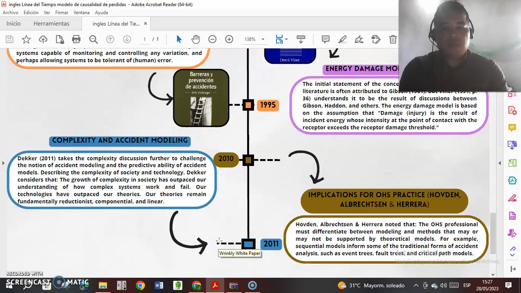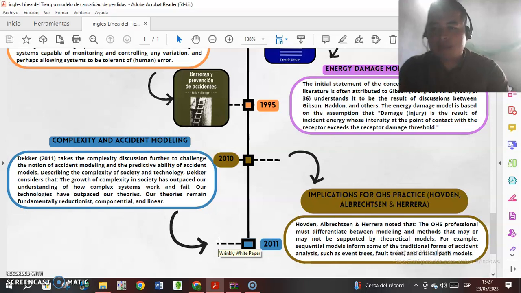In 2011, complexity in accident models. Dekker, in 2011, takes the complexity discussion further to challenge the notion of accident models and the predictive ability of accident models, describing the complexity in society and technology.